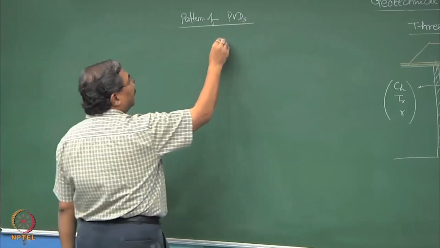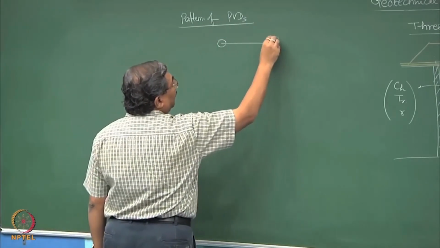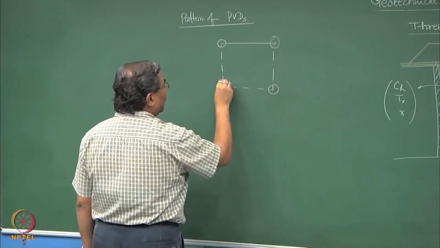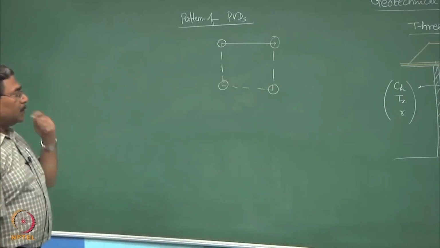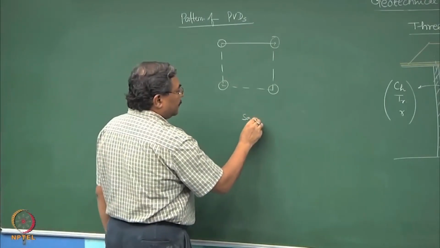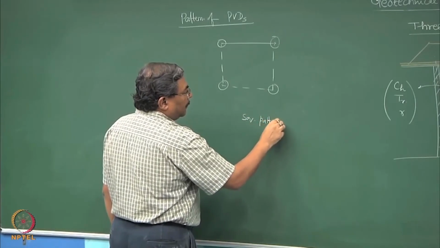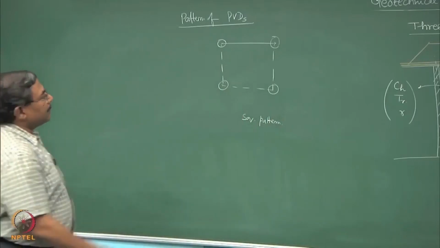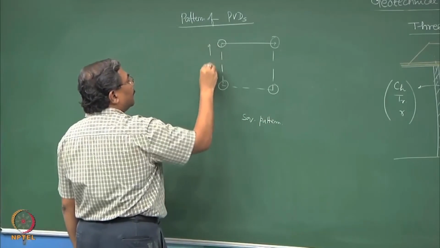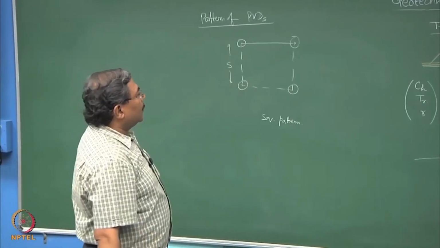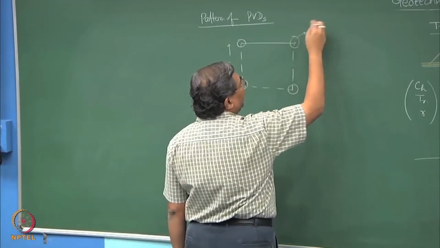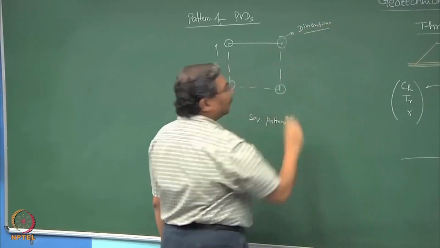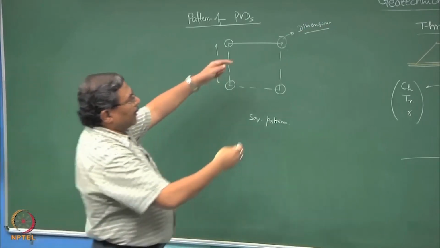So, either they are inserted into the ground in a square pattern, so this is the square pattern, and if I consider the spacing as S, and if I know the dimensions of these drains, it is manufactured by the industry.